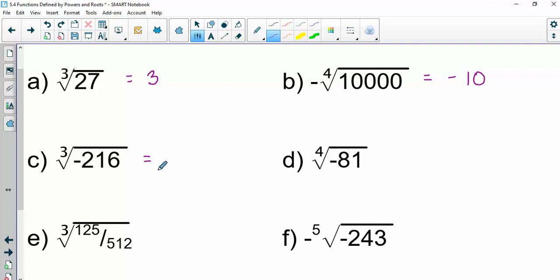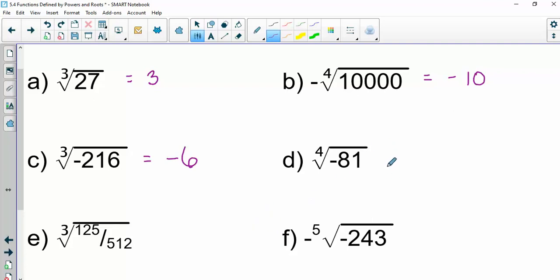We have a lot of debate here. Negative 6 to the third is negative 216. Alright, Carson was right.